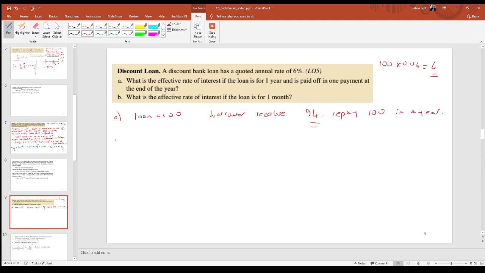So the effective annual interest rate will be 6, the amount we paid, over 94, not 100, because we received 94.